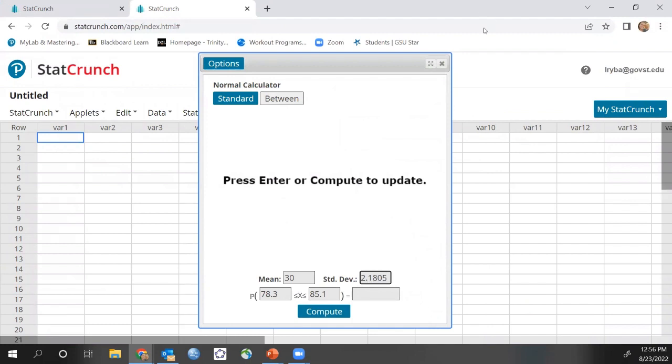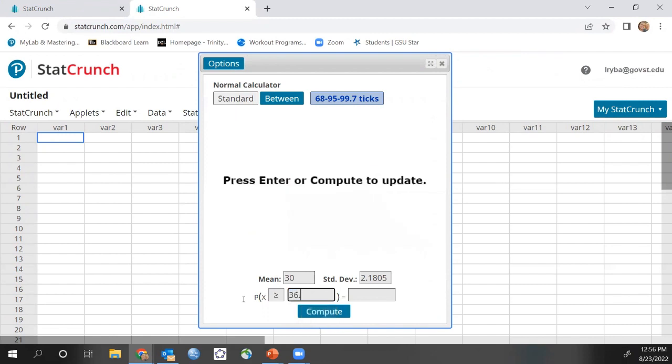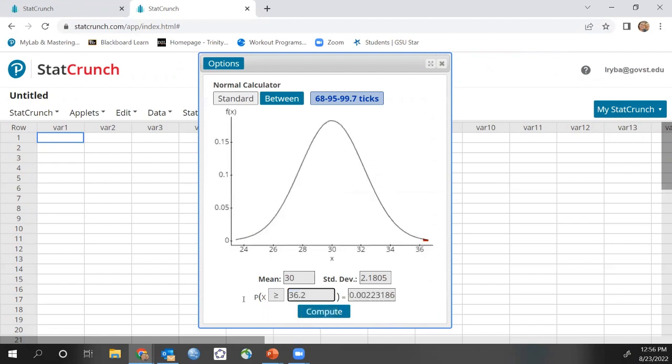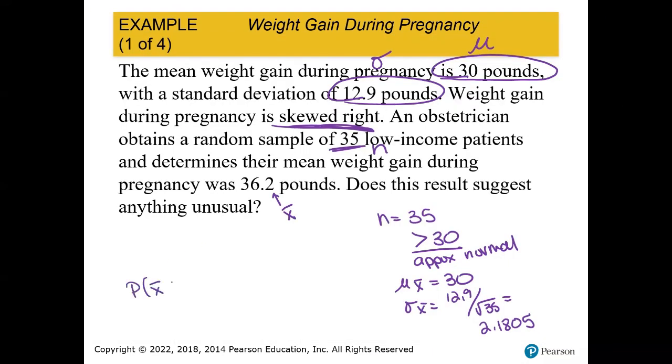And we want to see greater than 36.2. All right, so we're going to go to 4 decimal places. 0.0022. The probability that our mean is greater than 36.2 is 0.0022.